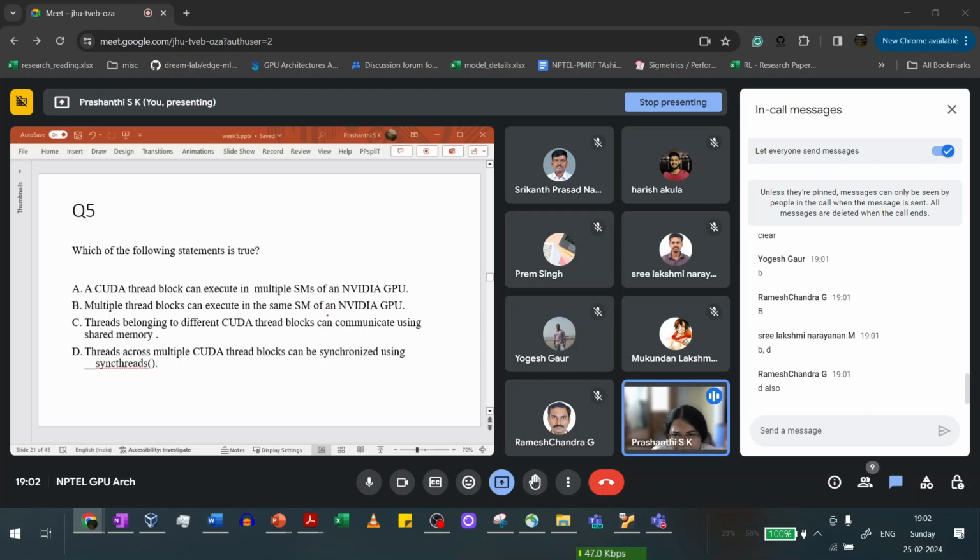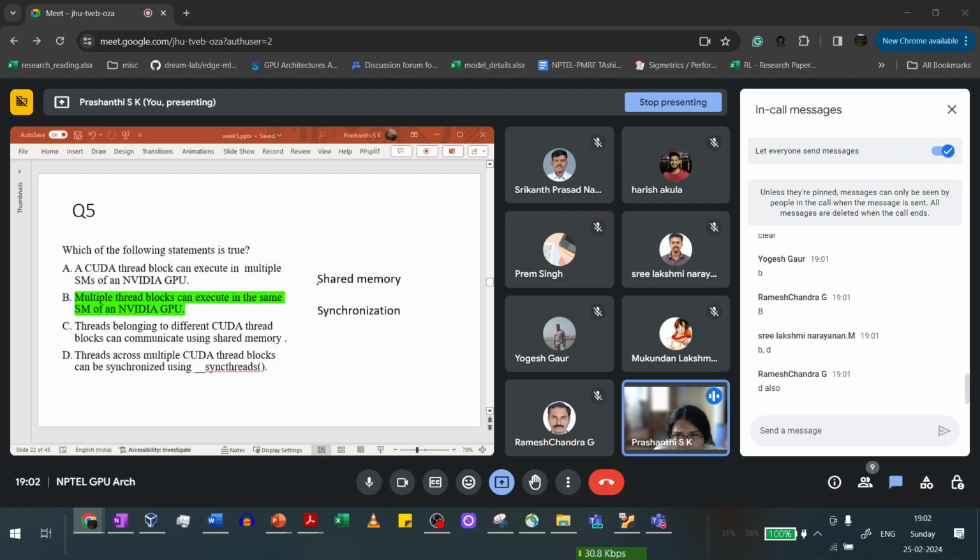Okay, let's take a look at the answer. So broadly, the options cover synchronization and shared memory apart from this week's topics, right? So let's look at all of them. Some of you said D. Why is D not correct? This says threads across multiple CUDA thread blocks can be synchronized using sync threads. If you remember from the previous week, we explicitly discussed that there is no guarantee on block execution order, right?